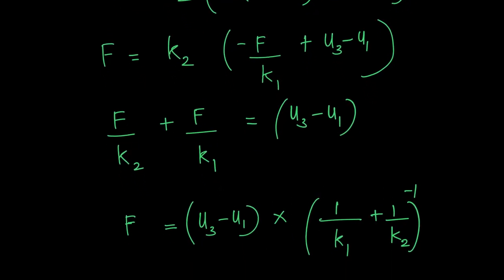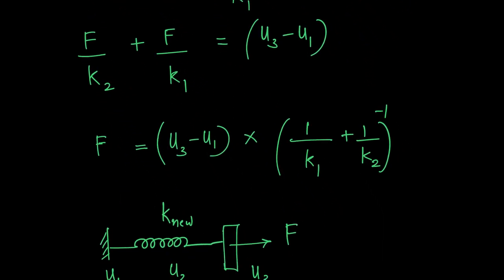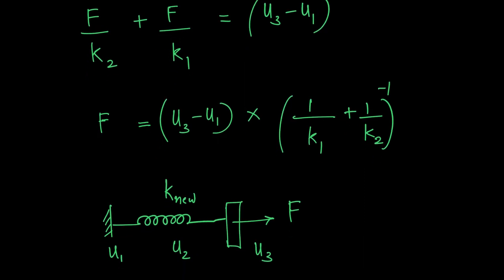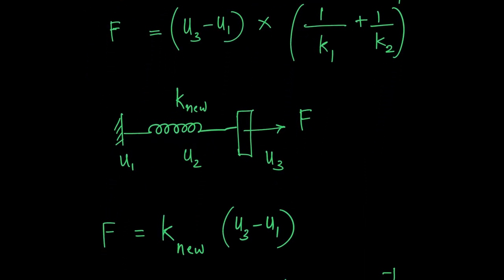Finally, I have an expression F is equal to u3 minus u1 into this particular term over here. What is u3 minus u1? When you have a new equivalent system, which we were talking about, I have a new spring, and the net deflection felt by this new spring will be u3 minus u1.